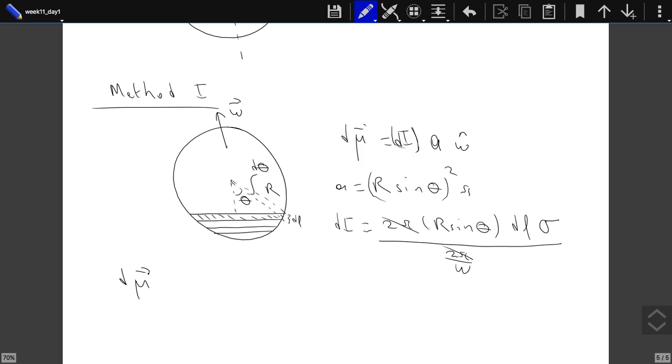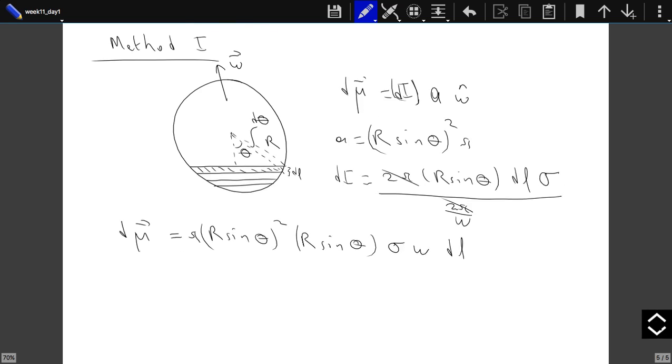So let's do some simplifications. So that d mu, the contribution to the magnetic dipole moment from this very small ring, will be equal to A, which is pi r sine theta squared, times I, which is r sine theta sigma omega dl.